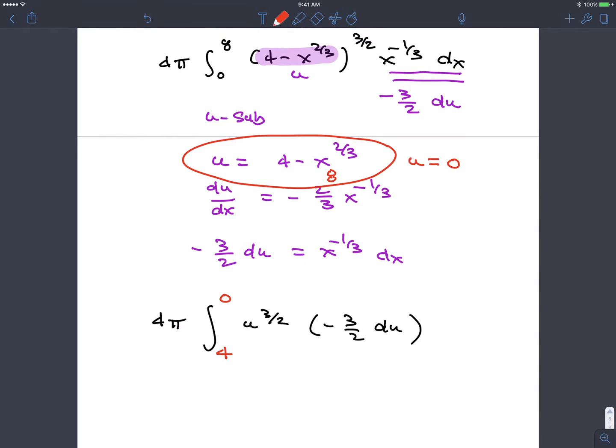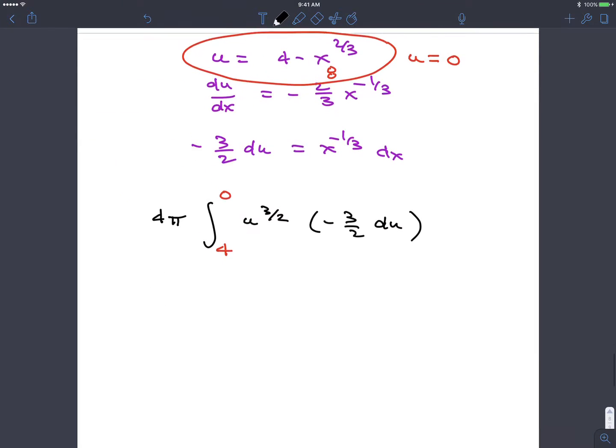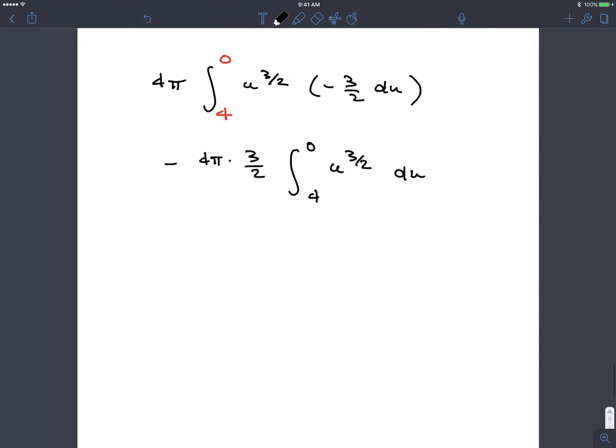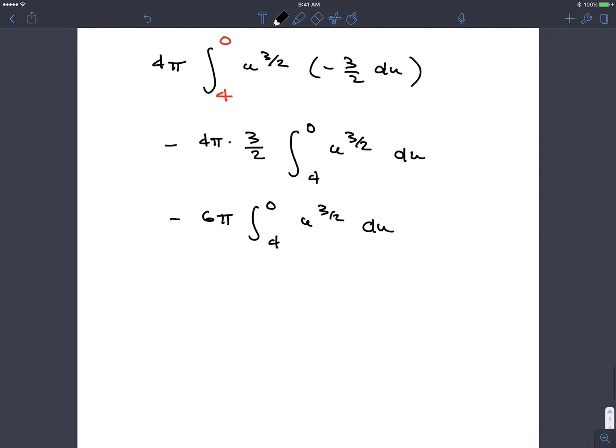So let's see what we get here now. We get negative 4 pi times that constant 3/2. We're going to integrate from 4 to 0, u to the 3/2 du. Now, I guess we can say this is negative 6 pi, integral 4 to 0, u to the 3/2 du. What do you guys think? Is that okay?